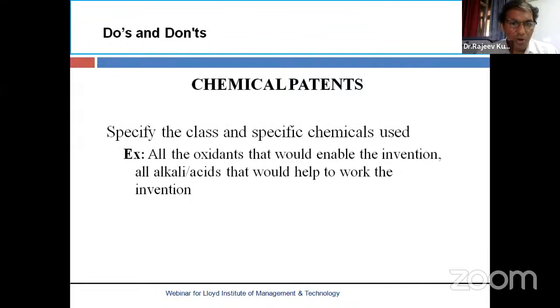If you are using a broad term like this process should be carried out by an acid, so all the acids will be coming under your claim, and the breadth of your claim will be broader. And this is what every attorney tries to do, that the claim should have a good strength. It should stop others entering and practicing the same invention after reading the disclosure.